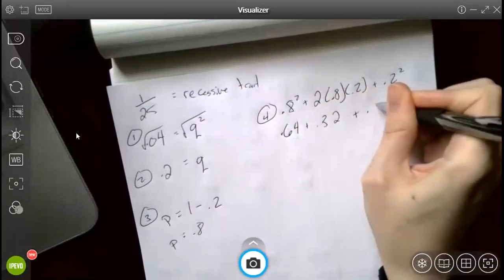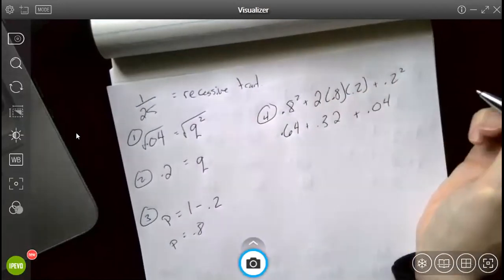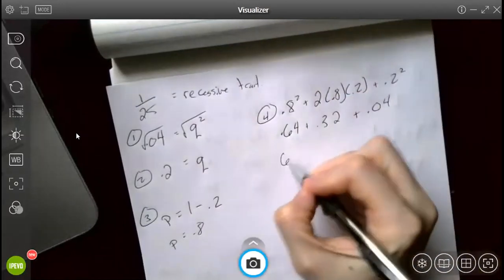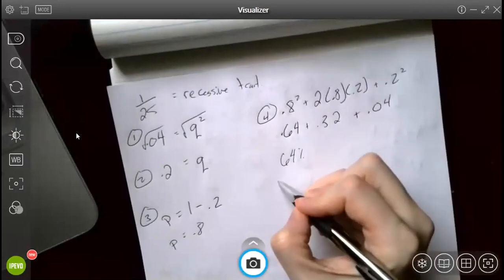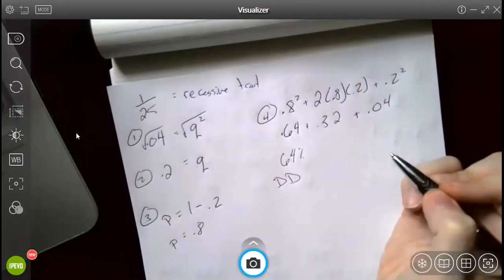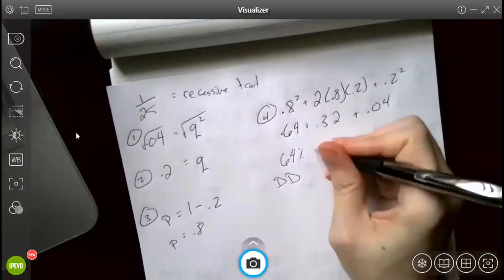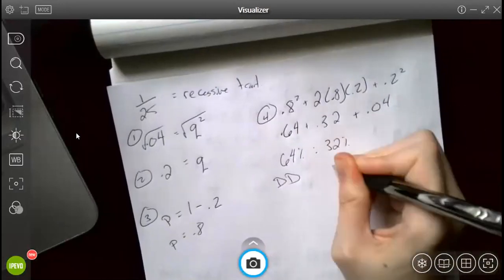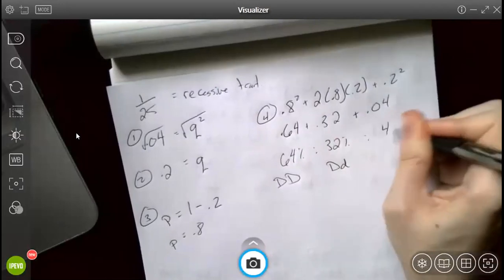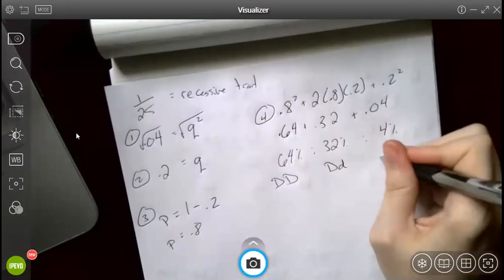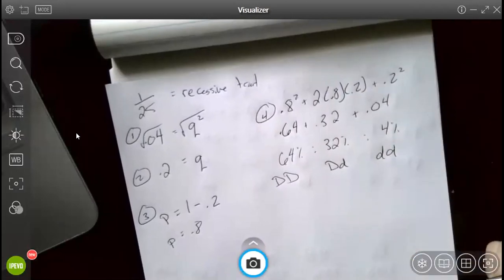And then 0.2 squared is 0.04. So we've got 64% that are going to be homozygous dominant, whatever letter that is, 32%, which would be heterozygous, and 4% that would be homozygous recessive.